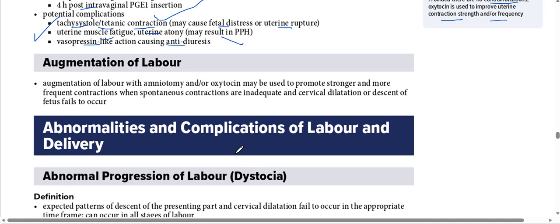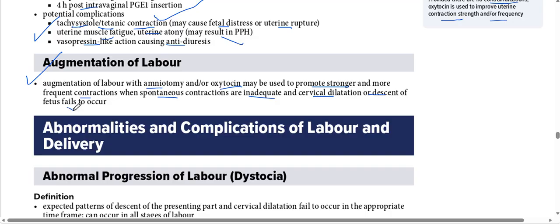Now, the augmentation of labor. Augmentation of labor with amniotomy or oxytocin may be used to promote stronger and more frequent contractions. We use amniotomy and oxytocin together when spontaneous contractions are not adequate and cervical dilatation or descent of the fetus fails to occur.